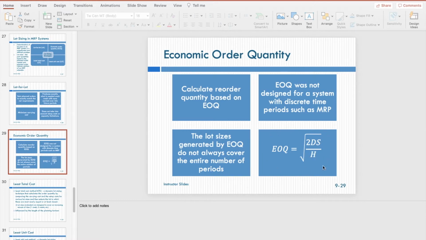In this specific model, the way we calculate the optimal order quantity is the square root of 2DS divided by H, under the EOQ model.